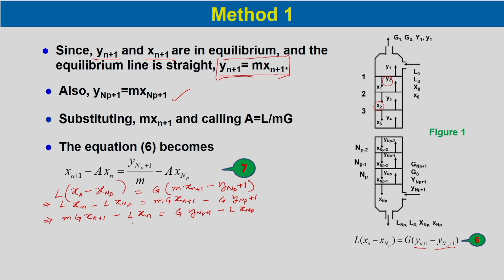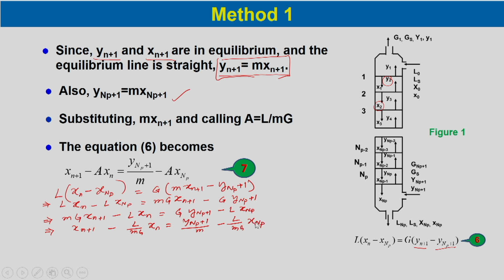Now, if we divide by L m G on both sides, it would be x n plus 1 minus L by m G x n equal to y n p plus 1 by m minus L by m G x n p.